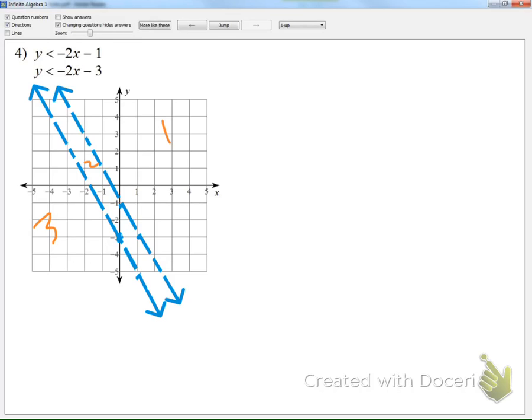So let's take a look at this. What would make both of these statements true? They both say less than. The shaded section is less than both of these lines. So it definitely wouldn't be section 1. Section 1 is greater than both of these lines.